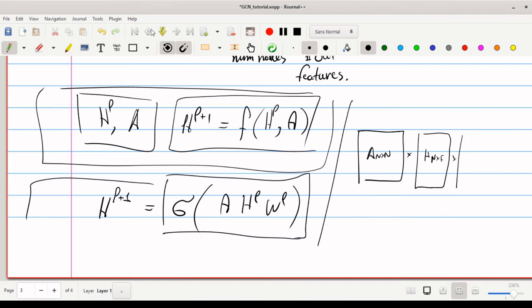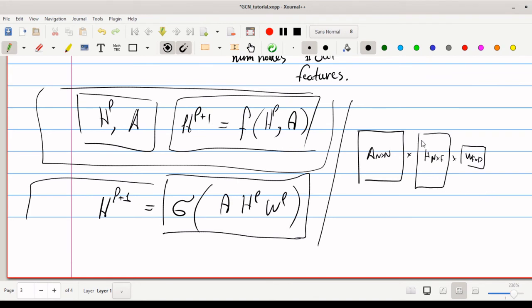And this is multiplied by the matrix W, which is of size f by d, where f is the number of input features and d is the number of output features.